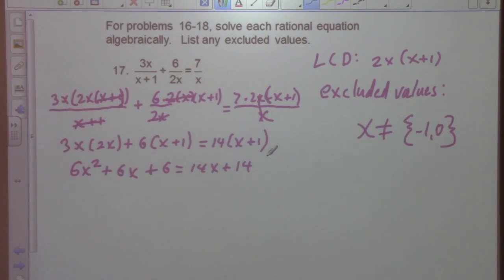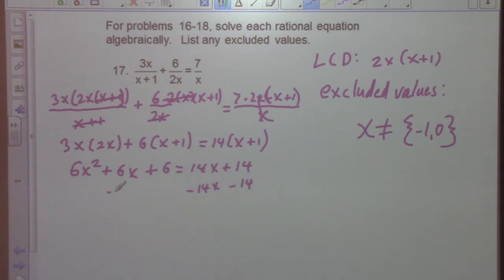Now if you just have a square root type equation like we did in that SAT problem today, where you had b squared equals 144, you don't want to subtract, you want to just take the square root of both sides. So b equals 12. So here, how do we get everything to one side? We subtract 14x minus 14.